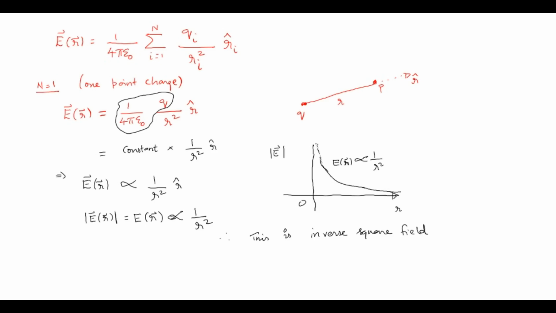So this is one important point which I would like to say. And next one is, notice that this electric field, which is a function of only r, is also called the electrostatic field.